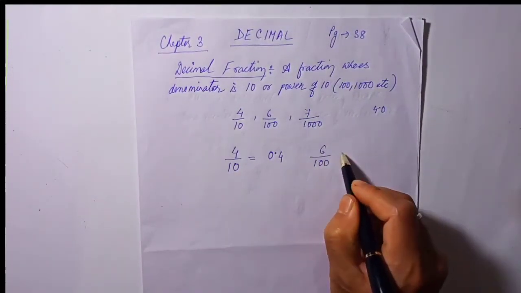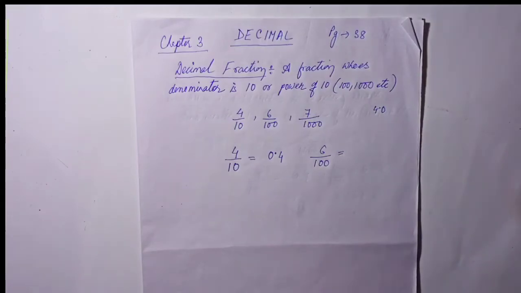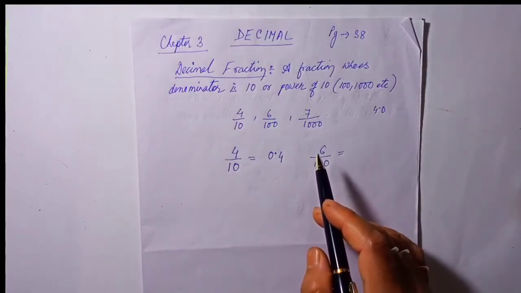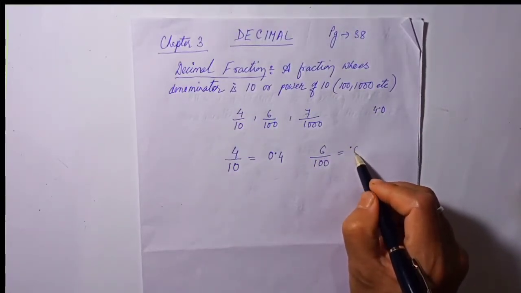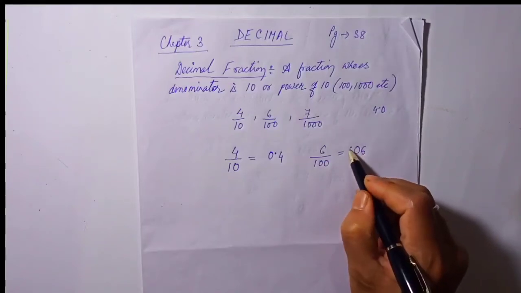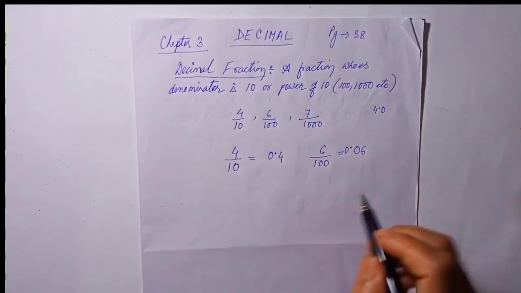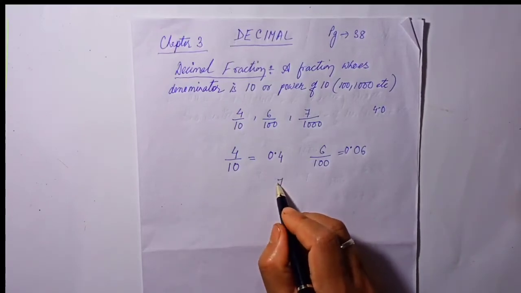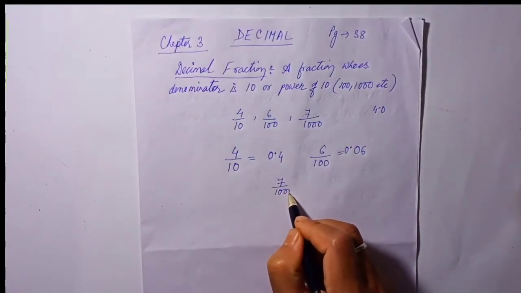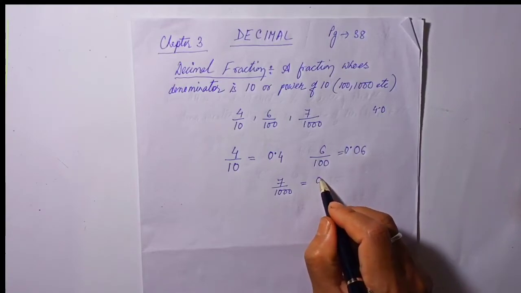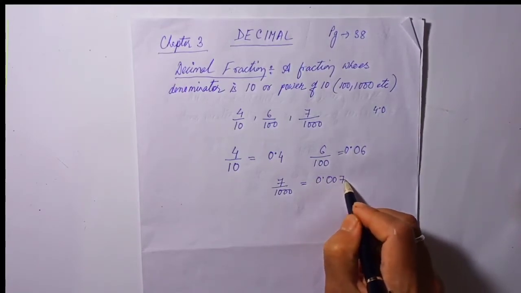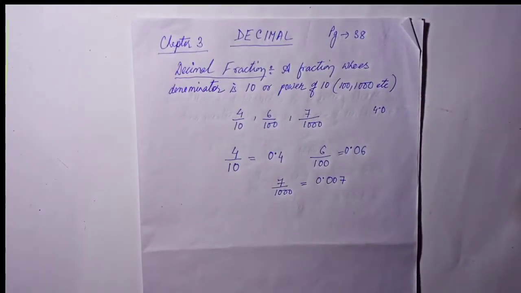Here the decimal will be placed before 2 digits. Since we do not have 2 digits here, only 6 is a digit, we place a 0 and write 0.06. Now 7 by 1000 is 0.007.